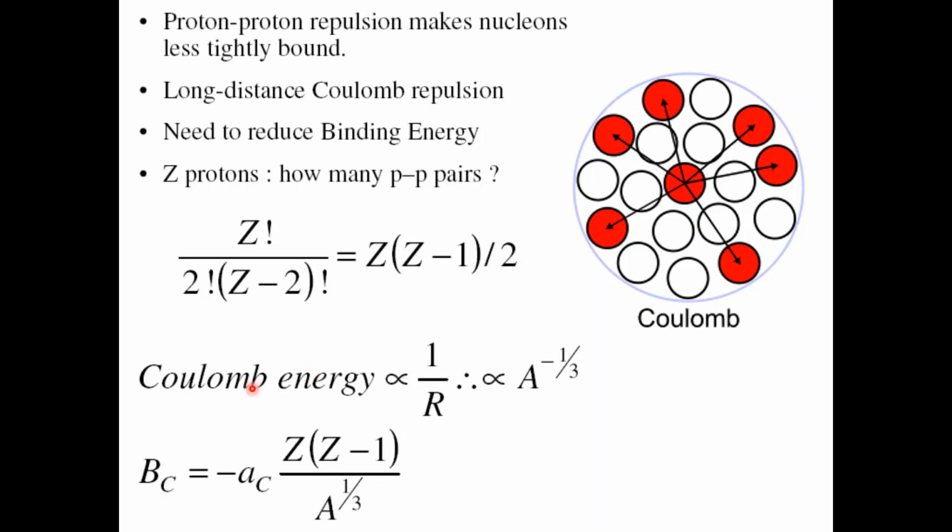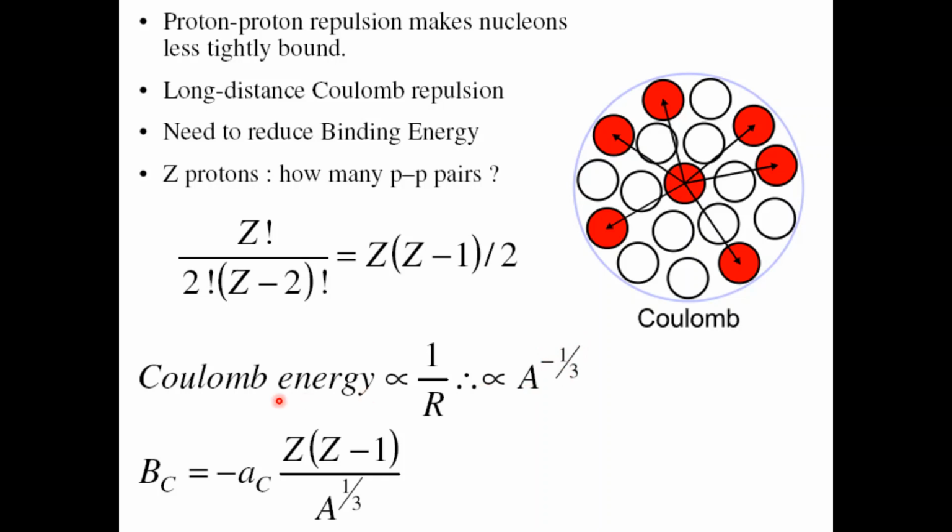Coulomb energy is proportional to 1 over r. That is, we can say that Coulomb energy is inversely proportional to the separation between the nucleons, which are protons in this particular case. Therefore, we can say that this is proportional to A raised to the power minus 1 by 3.